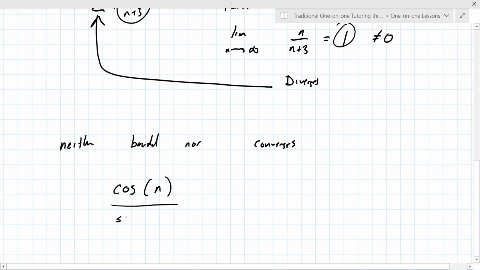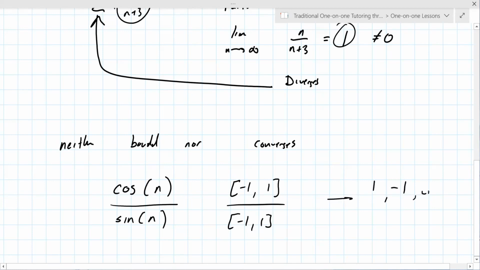Cosine of n over sine of n, maybe. Because cosine and sine bounce between -1 and 1 and -1 and 1. So you never know whether it's 1 or -1 or undefined or even 0. It bounces around.